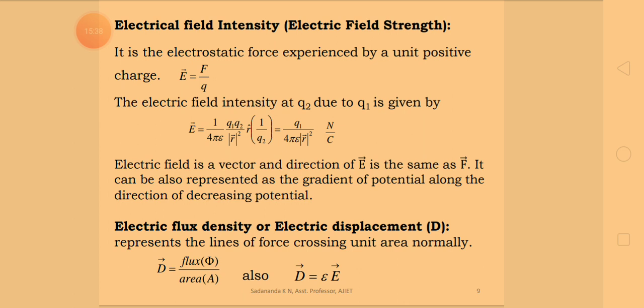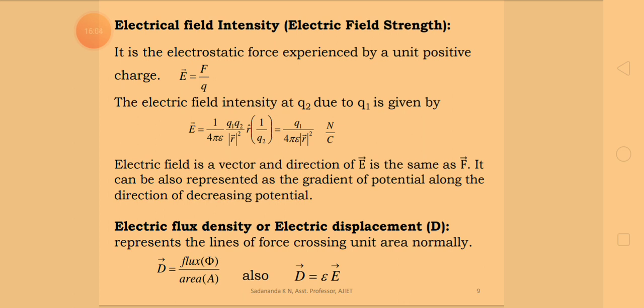Therefore, the electric field strength at Q2 due to the other charge Q1 is given by vector E equal to 1 by 4 pi epsilon, Q1 Q2 divided by R square, into R cap, into 1 by Q2. That is by the definition. Therefore, that is equal to Q1 divided by 4 pi epsilon into R square.